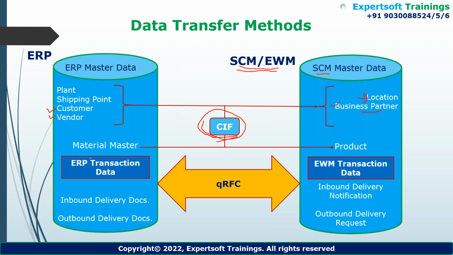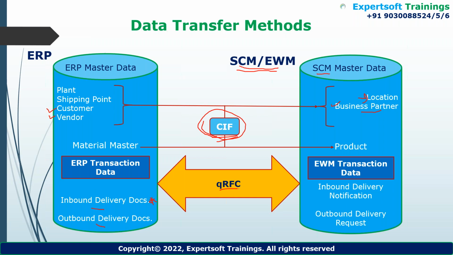Apart from that, for all the transactional data, as I told you earlier, if your EWM is in a separate box, you need a delivery. To activate EWM or to utilize EWM functionality, you need to create or integrate it with your inbound delivery or outbound delivery. That is the starting point for the EWM system to process.